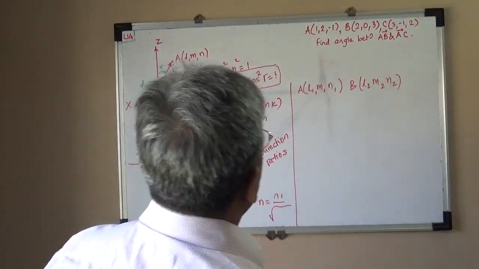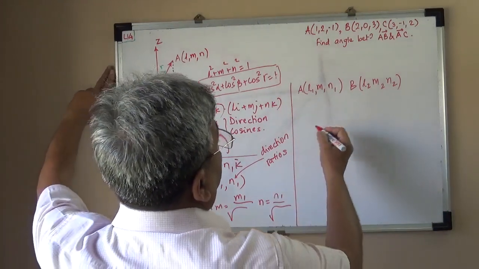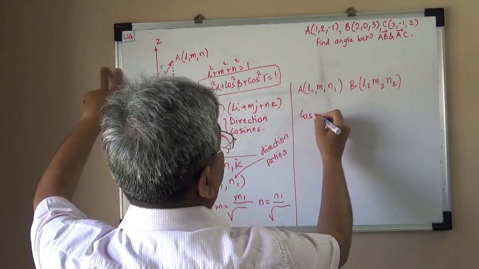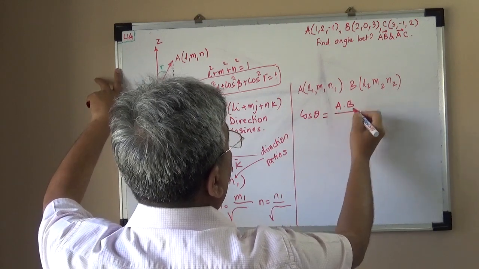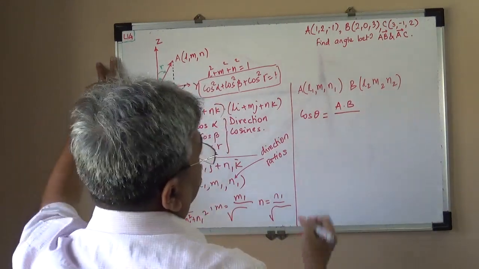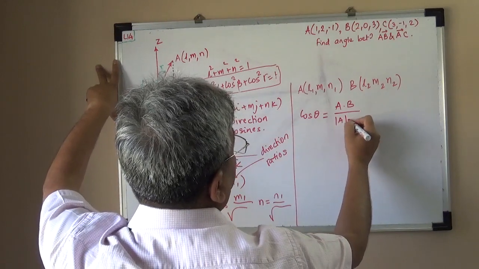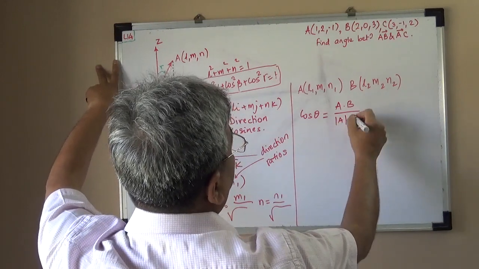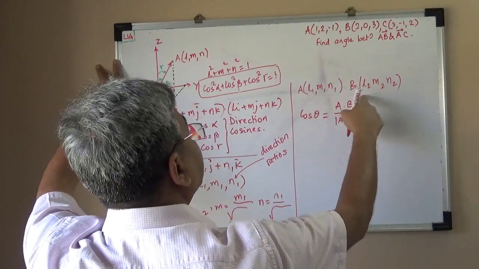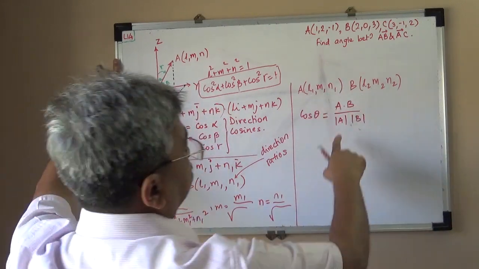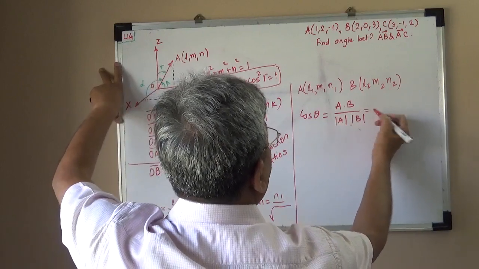So what will be the angle between them? The cos of angle theta is equal to, we know, A dot B upon absolute value of A into absolute value of B. But as I said, OA and OB are unit vectors, so the denominator is going to be 1 and 1.